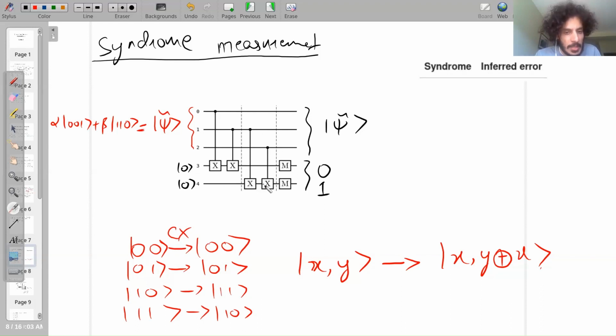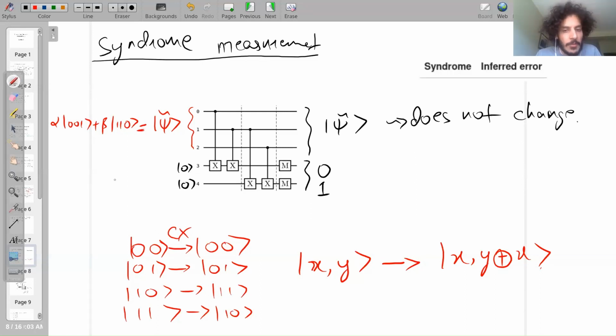And in all of those cases, the outcome is that this will become 0 and this will become 1, but this will remain the same. So the important thing is that psi tilde does not change. This is a very critical thing that we want: we don't want to destroy the superposition. We want alpha and beta to remain.